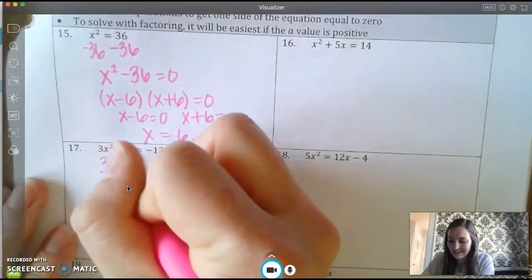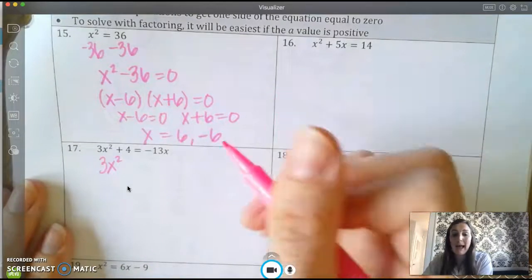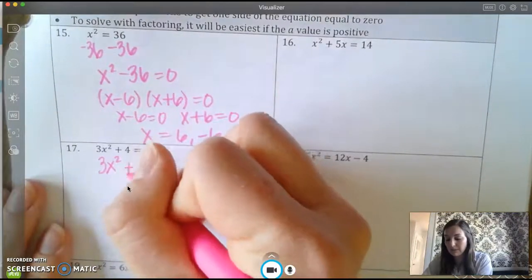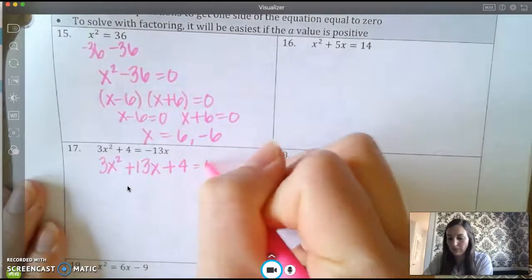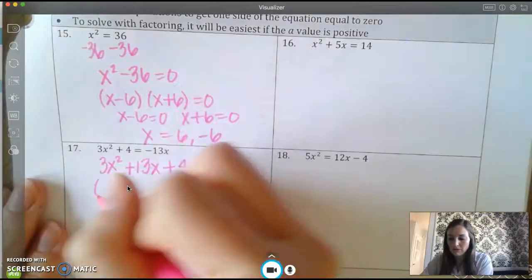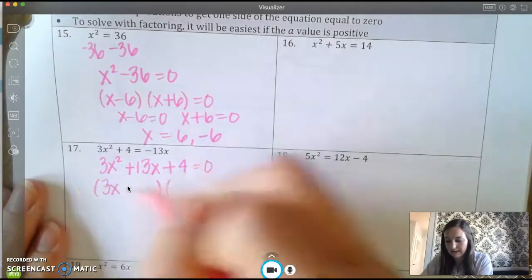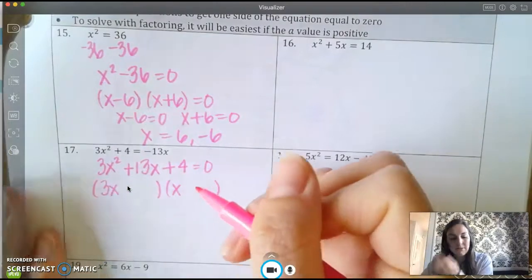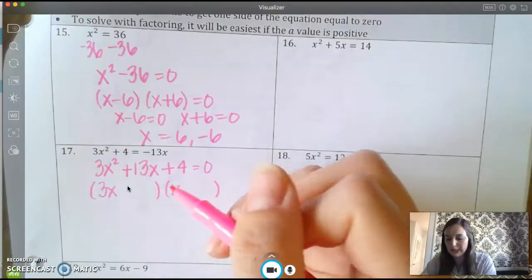So we have 3x squared. I want to move that 13 over, so I'm going to add 13x to both sides, so plus 13x plus 4 equals 0. Now I need to use that guess and check method. So I have 3x and x. I'm thinking of two numbers that multiply to 4, and then when I check it, I'm going to get 13x in the middle.